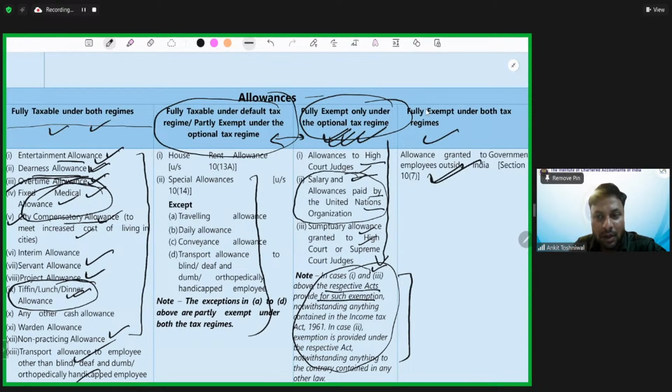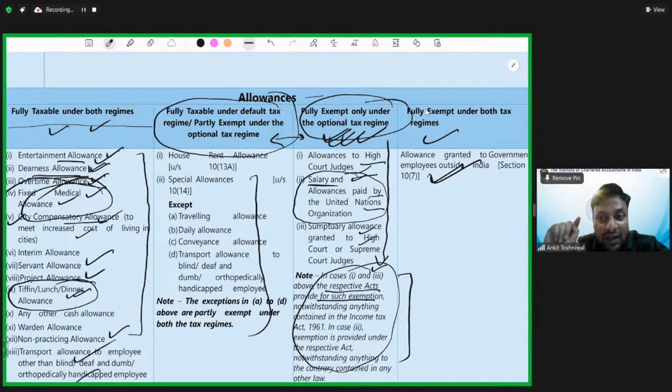Number 1, allowances to the High Court judges, allowances to the Supreme Court judges, sumptuary allowances to the High Court and Supreme Court judges, and salary and allowances, including both salary and allowances, by the United Nations organization is fully exempted if you are opting for the old regime.